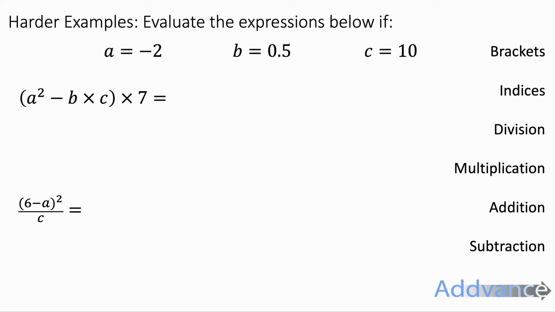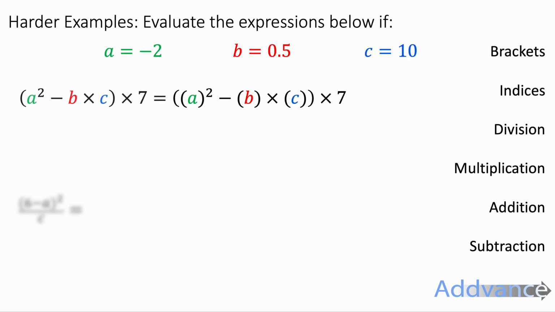Now, let's look at some harder examples. We're going to evaluate these expressions by substituting in a is minus 2, b is 0.5, and c is 10. Okay, so we replace the a's with minus 2, the b's with 0.5, and the c's with 10. We're going to substitute those numbers in.